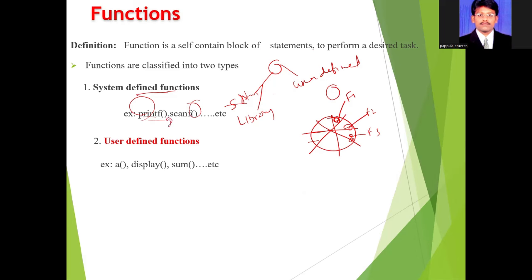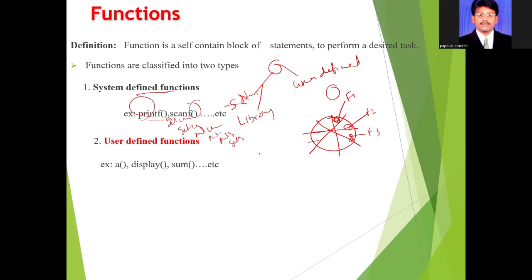So we take getchar, getch, putchar, putch, puts, and all the string handling functions: string comparison, string upper, string lower, and many more. All of these belong to the system defined or library functions.